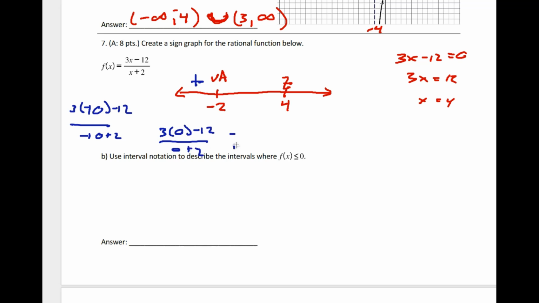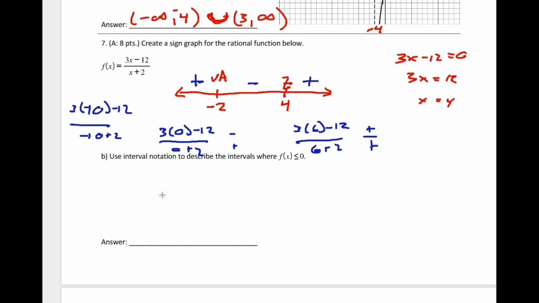That's going to be a negative over a positive, which is negative. And if I put a point in over here, like say 6, 3 times 6 minus 12 over 6 plus 2, it's a positive over a positive, so that's a positive. Okay, so that's our sign graph.